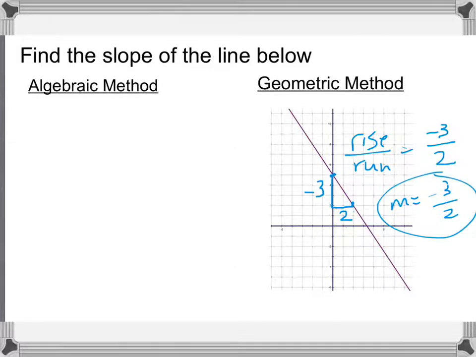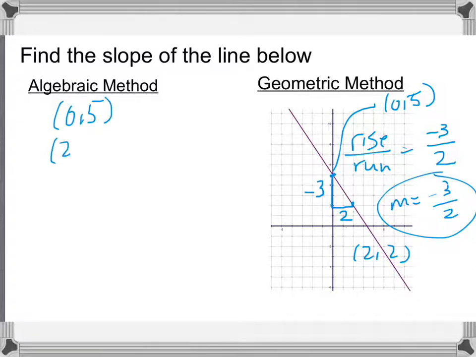Another way of finding a slope is to pick off the coordinates of the points that you just found. So find 2 points whose x and y coordinates are integer values. Here, this coordinate looked like it was 0, 5, and this coordinate looks like it was 2, 2. So let's write these points over here: 0, 5, and 2, 2.